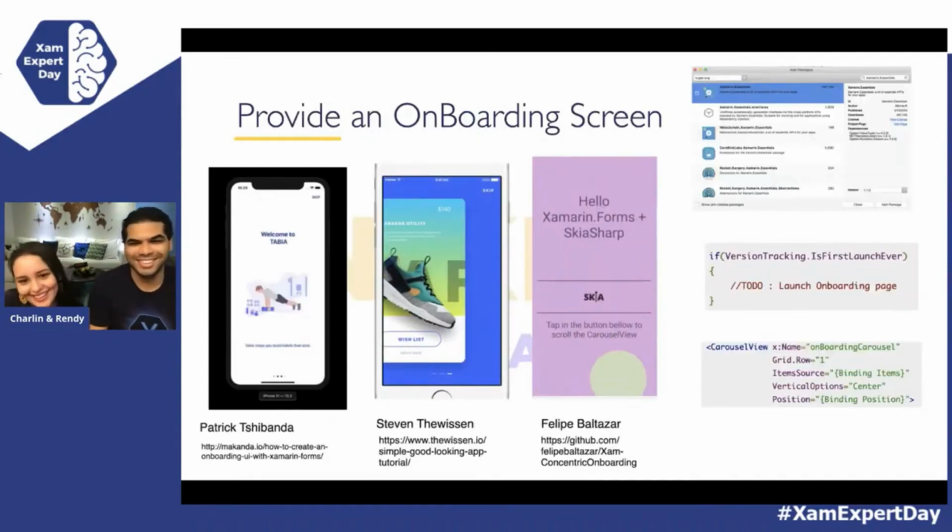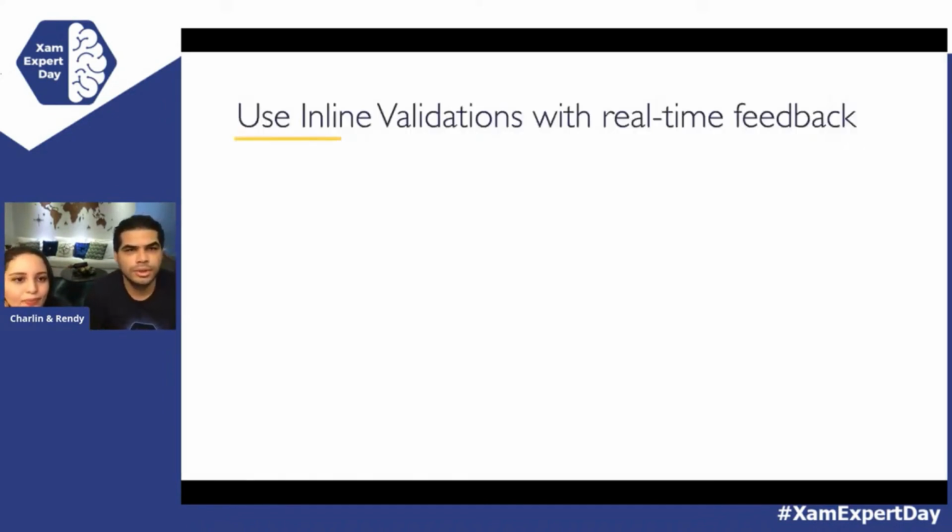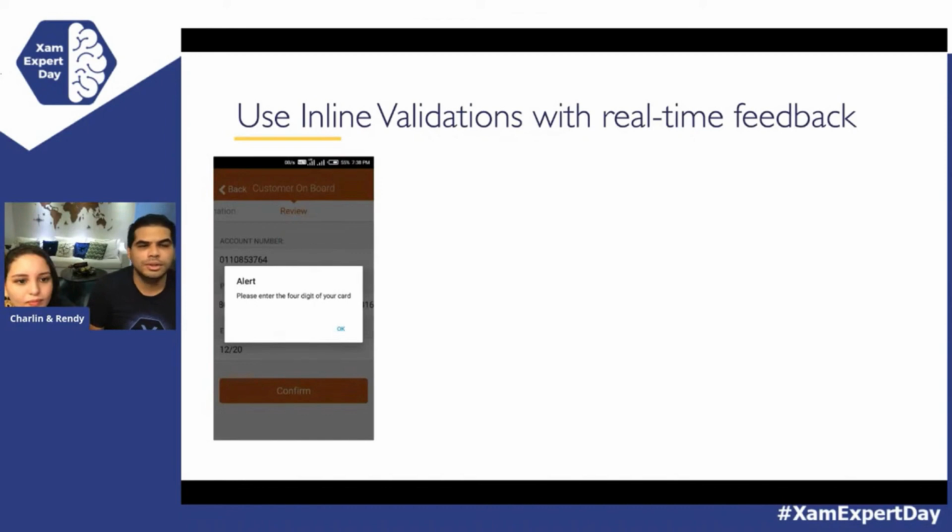Yeah, yeah. So also another thing is login, register, and forms. How we can make the experience to the user better while developing this. The first thing is, why don't we use inline validations instead of showing an alert each time you get something wrong? Like, for example, let's say you make the user input all this information and then the user taps on confirm and it gets an alert or even several alerts.